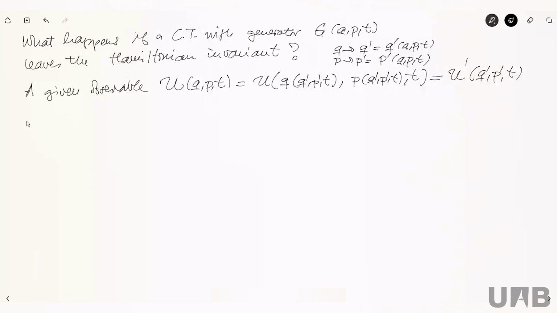But let's assume that U prime equals U. That means explicitly that the function is not different, it's the same. So U prime of Q prime, P prime, and T is exactly the same function as U of Q, P, and T. In other words, U is invariant.